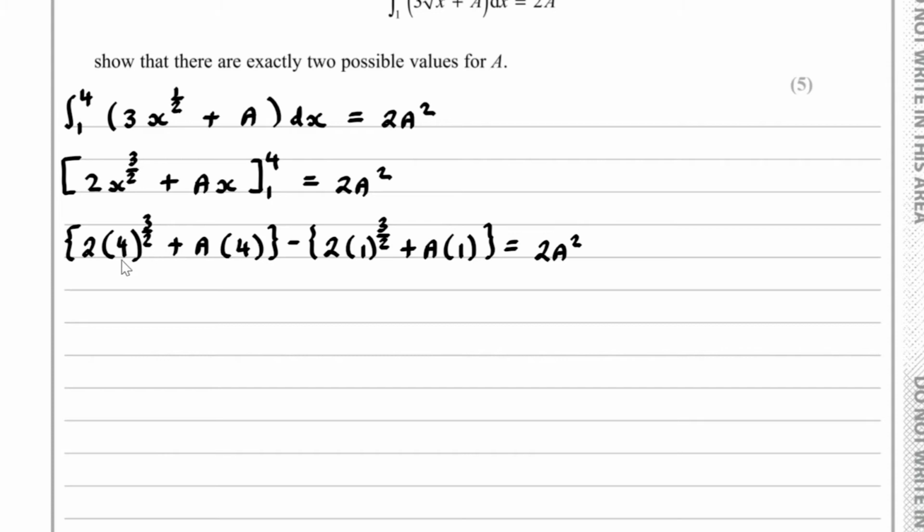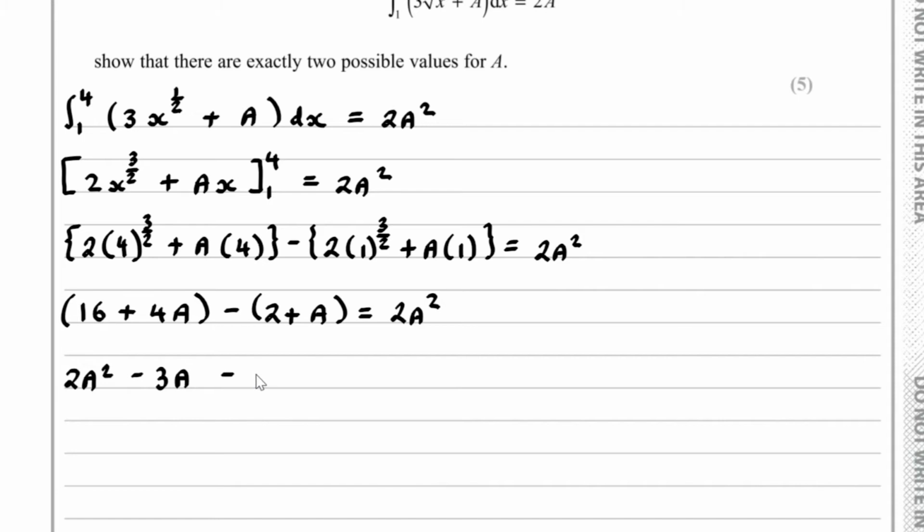I've got 2 times 8, which is 16, plus 4a, minus 2 plus a. And this is equal to 2a squared. And so if I rearrange, we've got 2a squared minus 3a minus 14 equals 0.